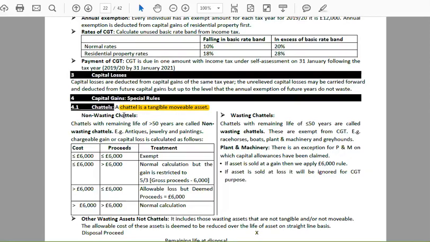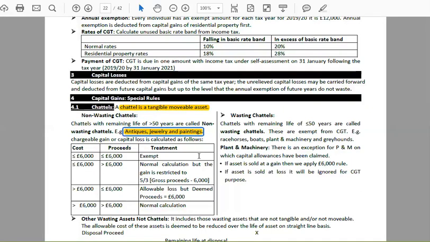There are two types of chattels. First of all, non-wasting chattels. Those tangible movable assets whose life is more than 50 years are called non-wasting chattels. For example, whenever the word antique, or jewelry, or painting is used, students, these three examples are given by the tax law, and the tax law has mentioned that these three assets will always be classified as non-wasting assets.